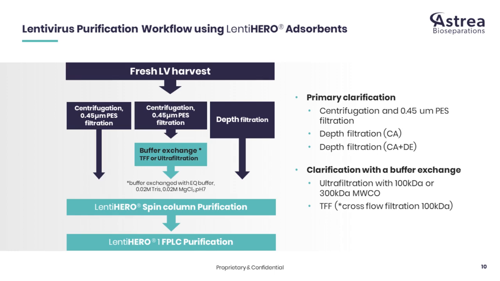Alternatively, depth filtration can be used as a primary clarification. Then the clarified feeds were purified by Lentihero spin column as a recovery screening tool. This will help us to find the optimized conditions for maximum recovery and purity. And we will finally move on to the Lentihero 1 FPLC device application.